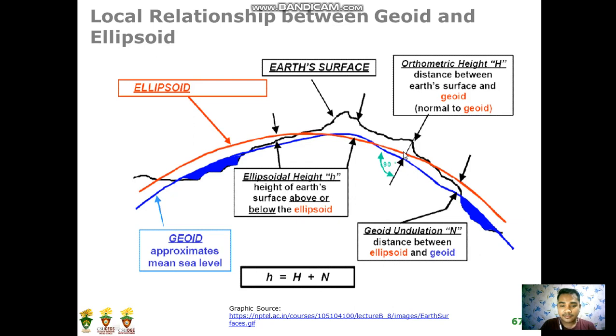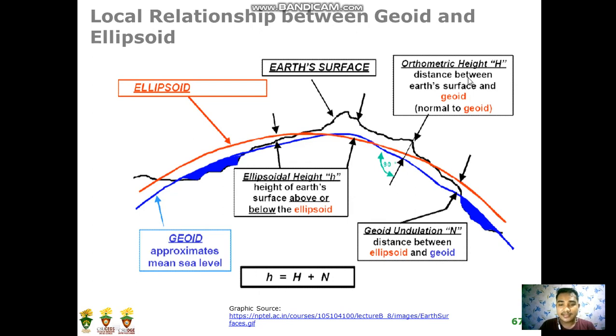The Earth's surface is the usual terrain of the Earth. From this point going toward the ellipsoid, that is the ellipsoidal height, h. And now, H is the orthometric height.